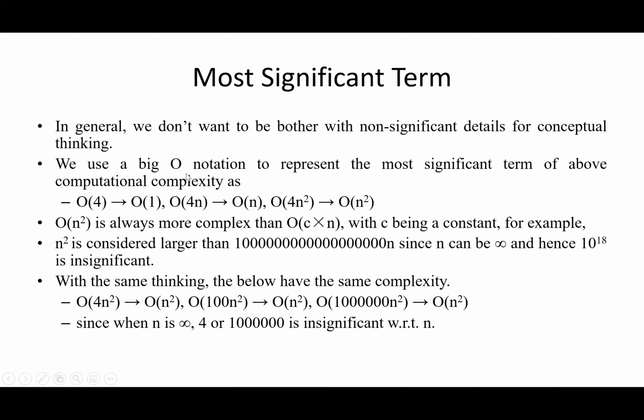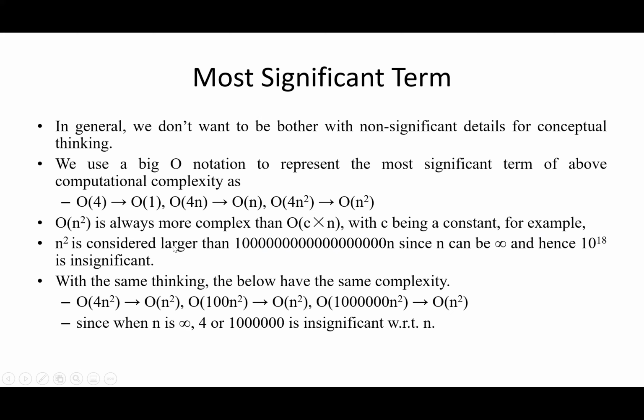Okay, so that's why we use big O notation to represent the most significant terms. Okay, for example, if you get order of 4, like just now the C, you change it to order of 1. We put order of 1, which means it's constant. If you get order 4n power 2, you just put n power 2 only. Okay, because order of n power 2 is always more complex than your Cn, if your C is a constant.